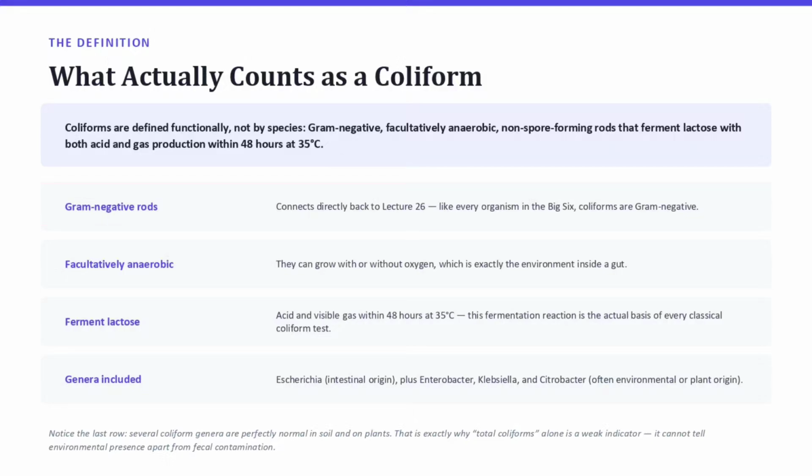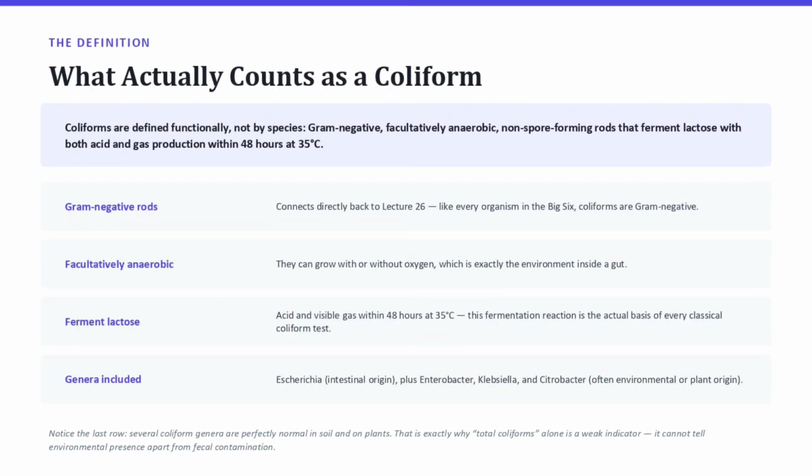Let's define exactly what counts as a coliform, because this is a functional definition, not a taxonomic one. Coliforms are gram-negative, facultatively anaerobic, non-spore-forming rods that ferment lactose with both acid and gas production within 48 hours at 35 degrees Celsius. That's the actual working definition. Let's break that down. Gram-negative rods. This connects directly back to Lecture 26.